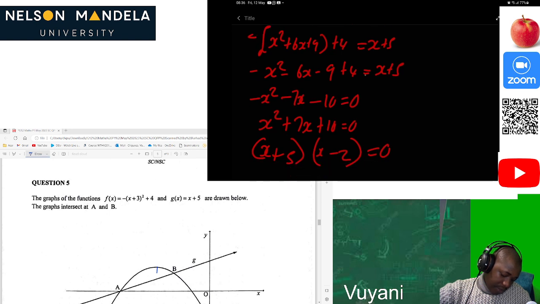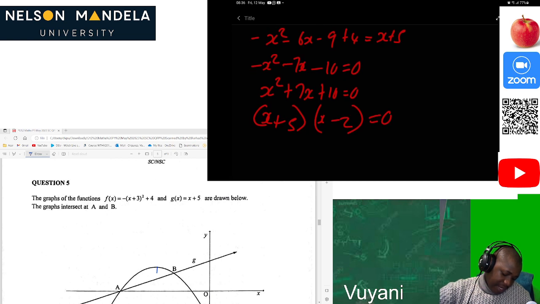So this should be negative 7x, of course. Then we have negative 9 plus 4 minus 5. That's negative 10. Then we divide everything by negative, and that's x squared plus 7x plus 10.